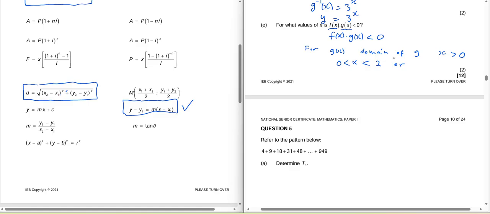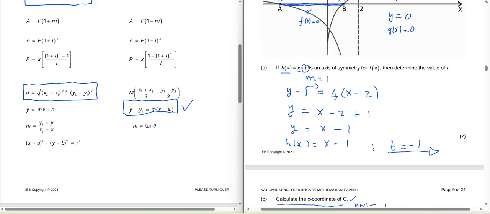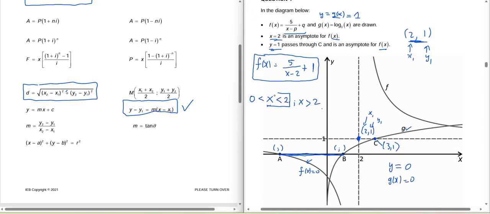I think maybe the other case I can leave, because already we have found the point that makes sense. Because remember, we were saying for x less than 2, and then also we have x greater than 0, meaning that this region we need to take a look at. So from 0 to 2, it is this region that we need to take a look at.